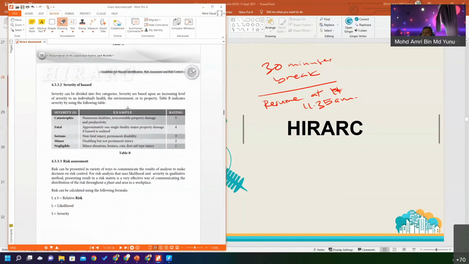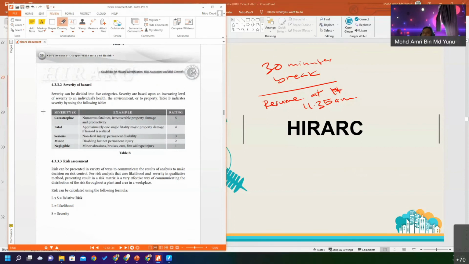Severity can be divided by category based upon increasing level of severity to an individual, the environment or property. So you look at the hazard. If the severity is 5, this is disaster, catastrophic.